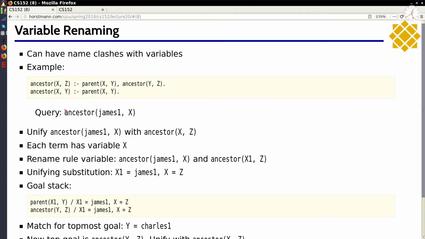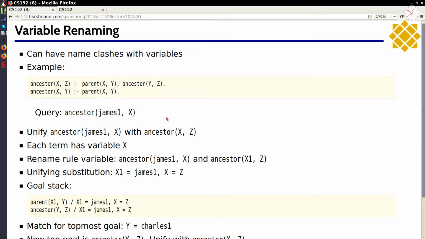Now I issue the following query and say, I want to know what are all the descendants of James I. So I just naively issue it as ancestor James 1 and x. Notice that there are 2 different x's. There's the x that comes in here, and there's the x that comes in here. Obviously you have to do something about that because they're not the same x.